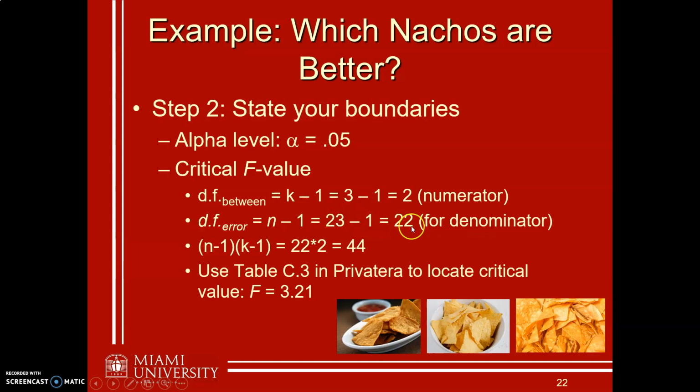So that would be 23 minus 1, or 22. And when we multiply that out, we would get 44 degrees of freedom. So we can use the table in the back of our book to locate that critical F value that tells us where's the cutoff in this distribution that we need, that if we're past it, we've got something that looks interesting or different.